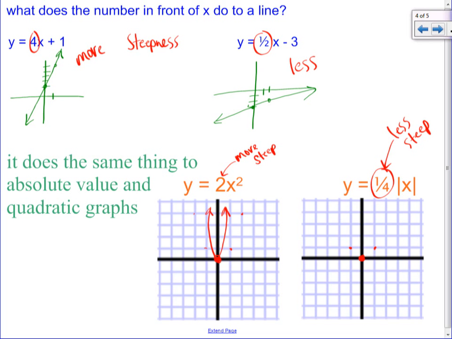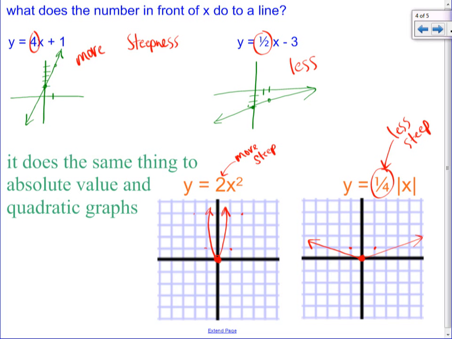Normally they would go through those points, but we want it to be even flatter, even easier to ski down than the original. It's going to be less steep, so it's going to be out like this. If you want to put the original points on there just as reference so that you're showing me, I know it has to be less steep or more steep, more power to you, that'd be great. But just make sure that it's obvious to me that you know that a 1/4 would make it less steep. Does that make sense? No plotting points.